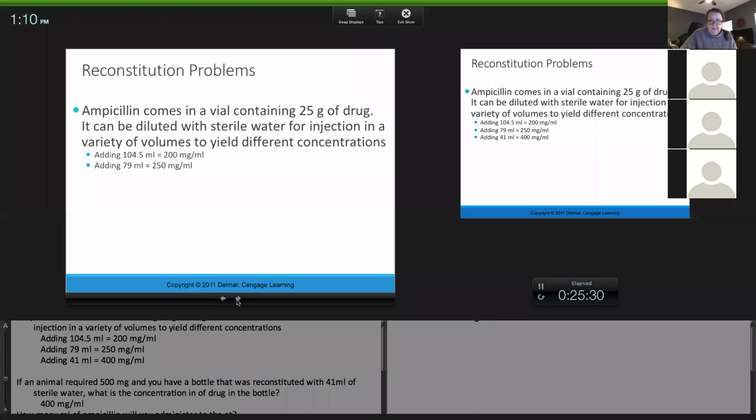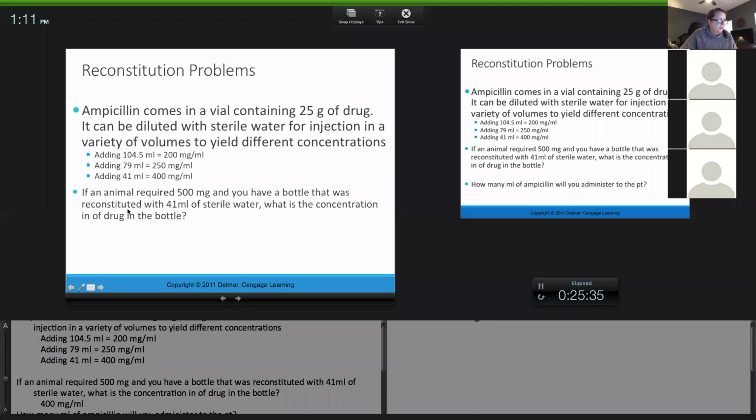If you add 75 mils, you get 250 mg per mil, and vice versa. Now, if you have a patient that needs 500 milligrams, and I have a bottle that's reconstituted with 41 mils of sterile water, 41 mils gives me a concentration of 400 mg per mil.